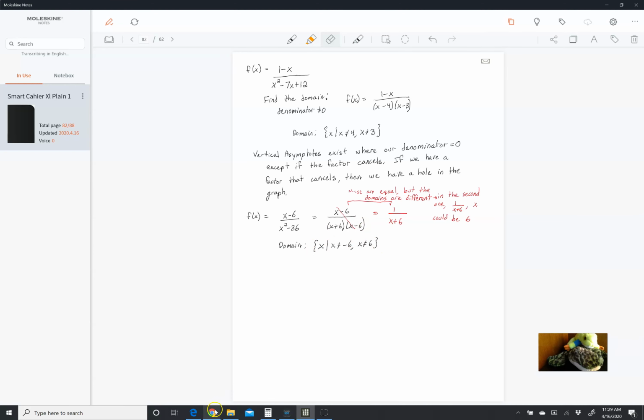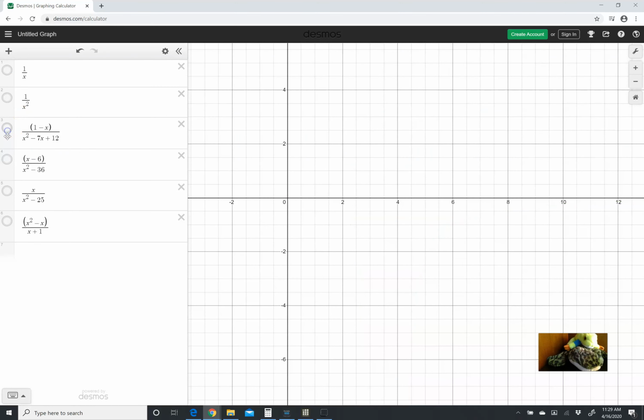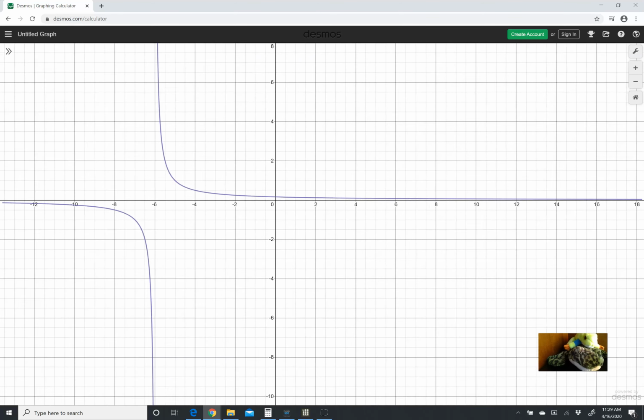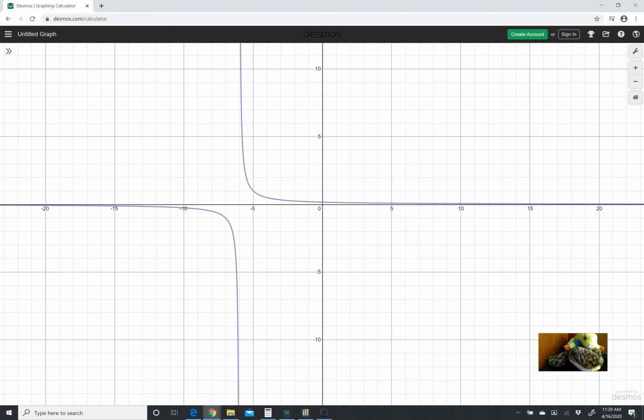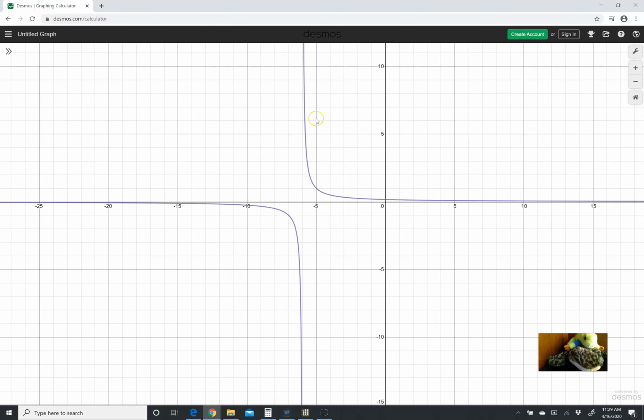So let's take a look at that graph. That's this one here. You could see the vertical asymptote at x equals negative 6, right?